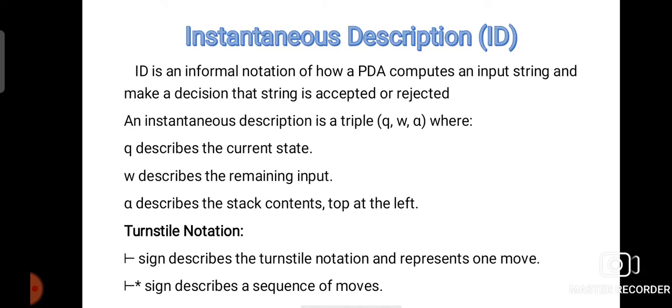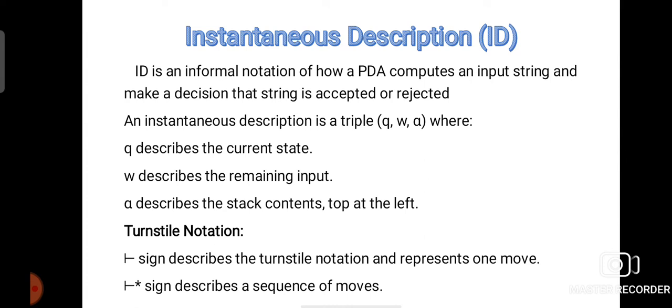Now we will represent the state transition of PDA with one representation called ID representation. ID means instantaneous description. It is the informal notation of PDA, and it represents how a PDA computes an input string and makes a decision whether the string is accepted or rejected.